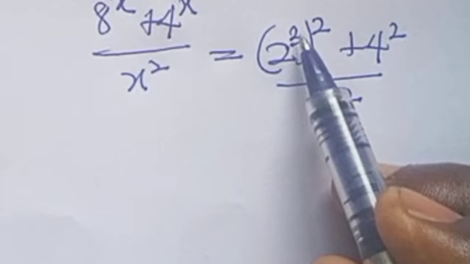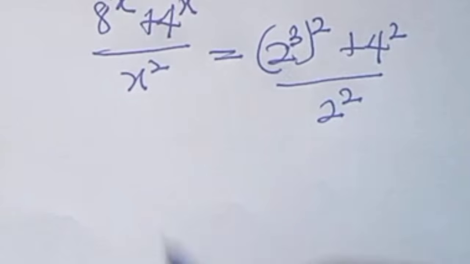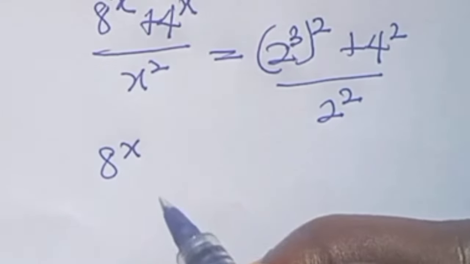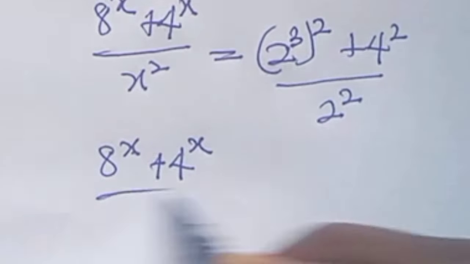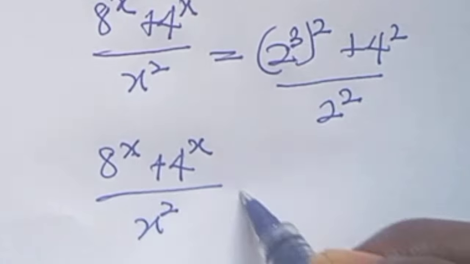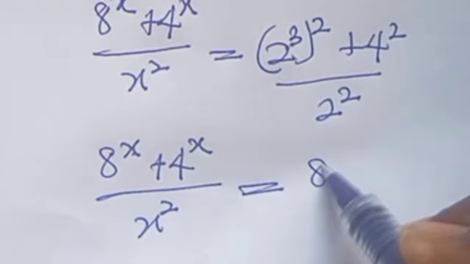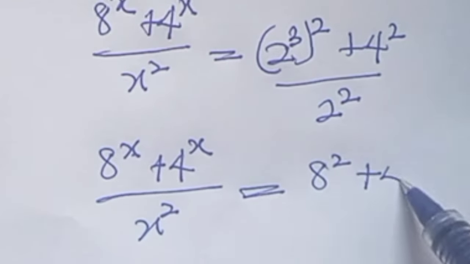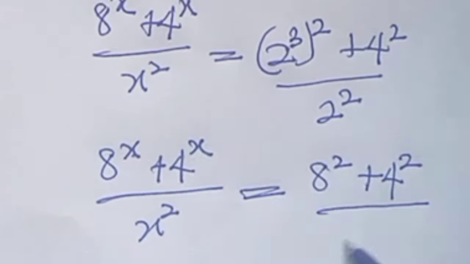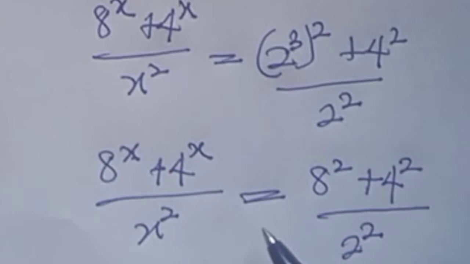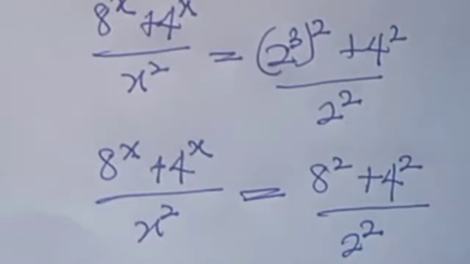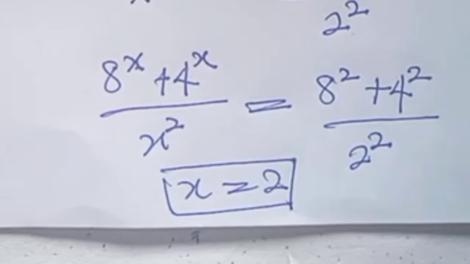But 2 to the power of 3 is 8, so we can write 8 to the power of x plus 4 to the power of x over x to the power of 2. This is equal to 8 to the power of 2 plus 4 to the power of 2 over 2 to the power of 2. So from here, if we make a comparison, we can conclude that x is equal to 2. The value of x is 2.